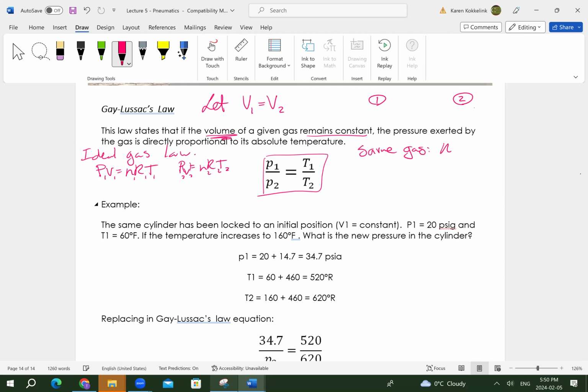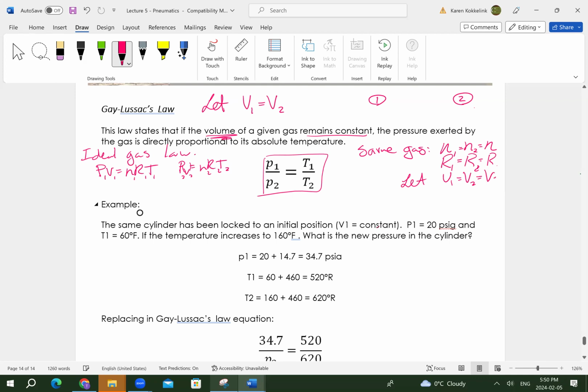Therefore, the amount at 1 equals the amount at 2, which is the amount. The type of substance at 1 is the same type of substance at 2. We can just call that the substance. And we are also letting V1 equal V2, so we can just call that V.